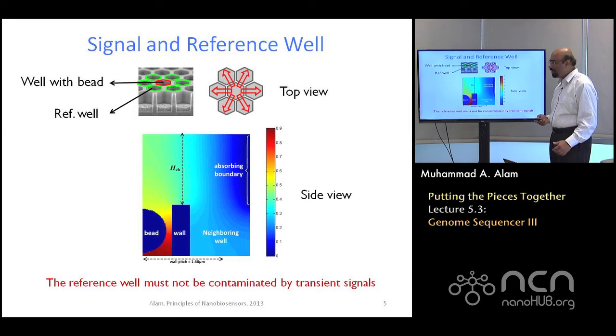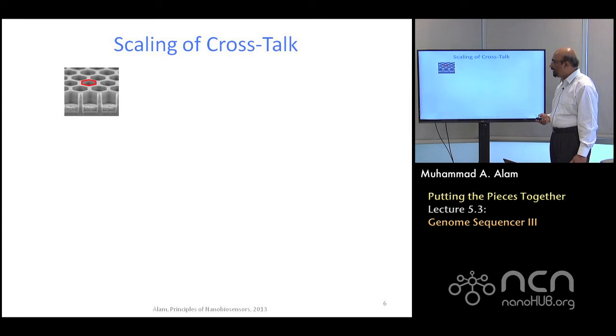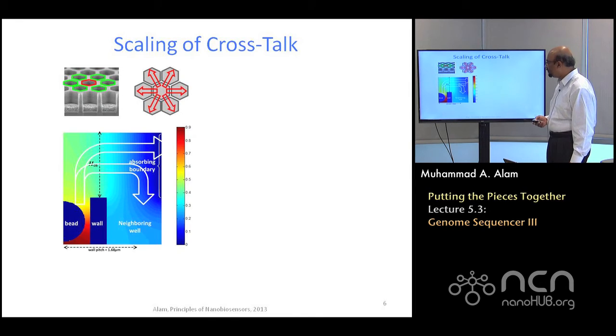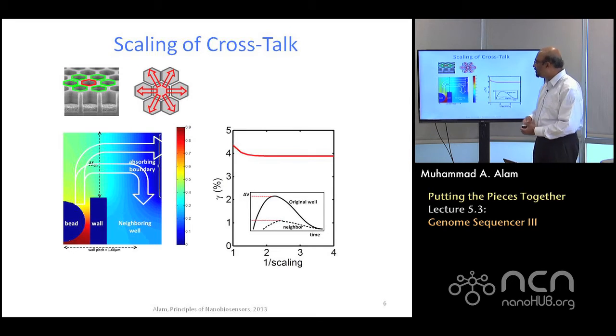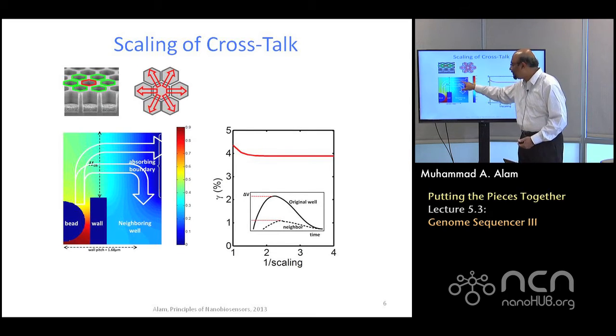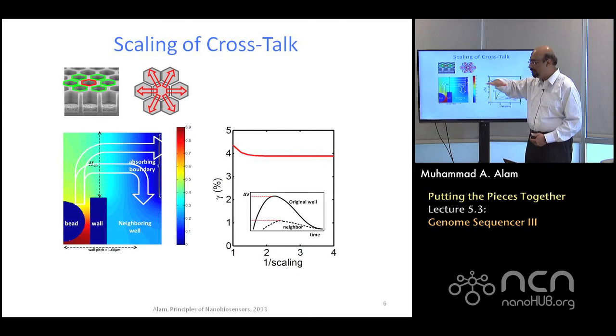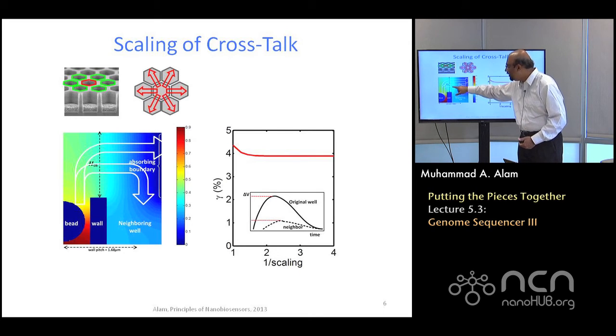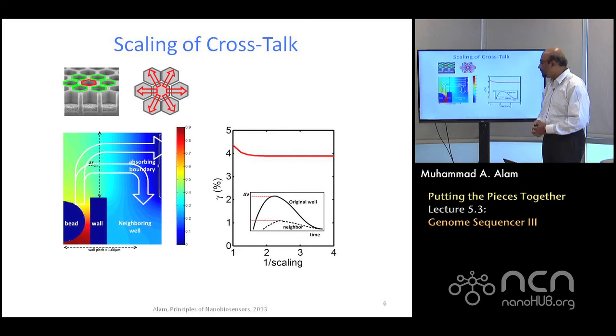These are simple calculations, but I want to show you the final result. It turns out that the fraction that actually escapes forever through the fluid versus the fraction that goes into the neighboring well is actually very small.